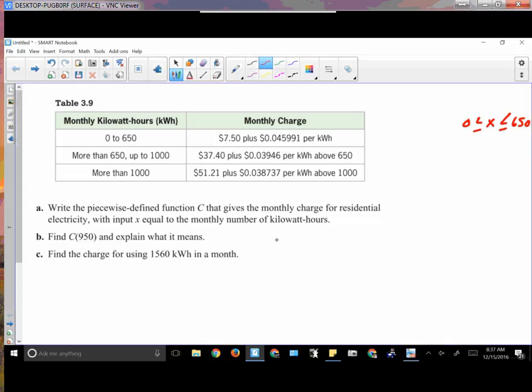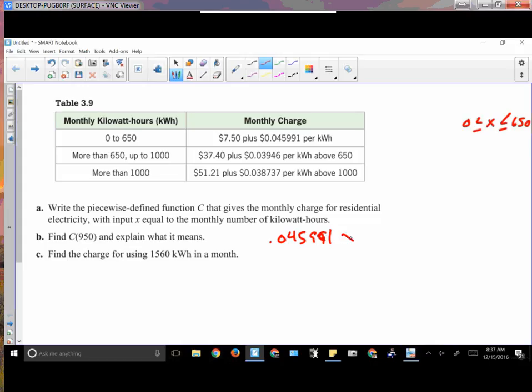So I start off with 0.045991. Do I want to round that? Absolutely not, because that's what they're charging. It's like going to the gas station and you look at it, oh, we're only paying $1.99, but it's really not $1.99, is it? It's really $1.99.9. You get that extra 9/10 of a cent out of it.